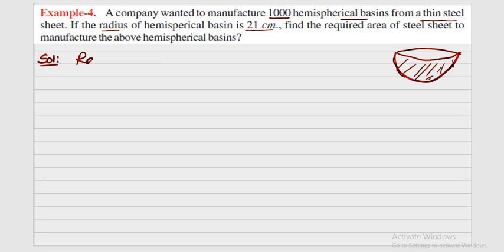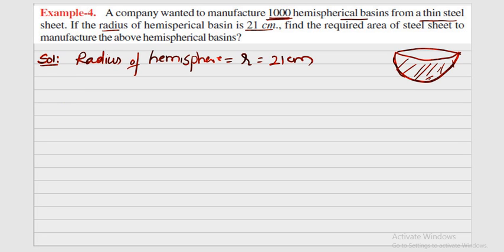So first of all, what are the things that we need to write? The given things: the radius of hemisphere is r equal to 21 centimeters. How many hemispherical basins do I need to find? I need to find for 1000 hemispherical basins. Since my hemispherical basin will have steel only at the curved surface, we are going to find the curved surface area of this basin, right?